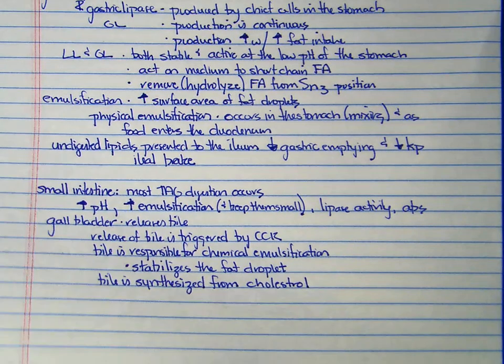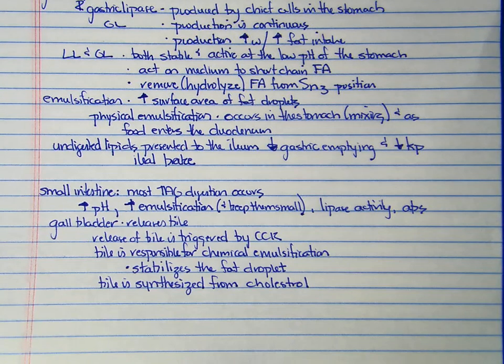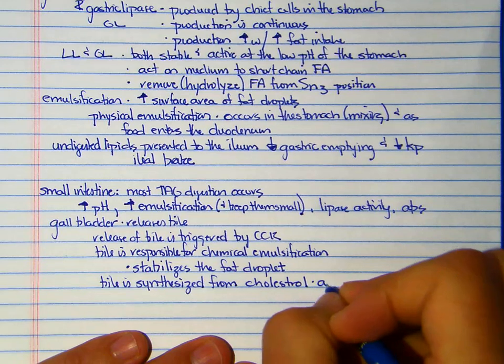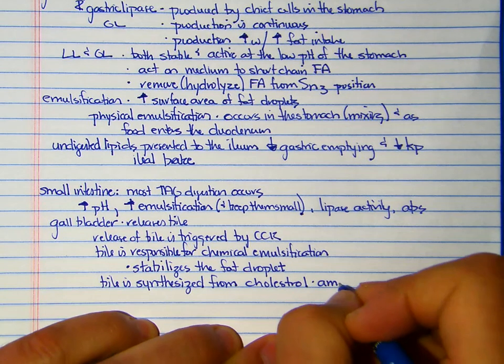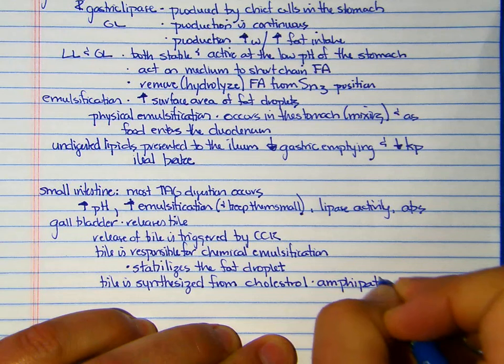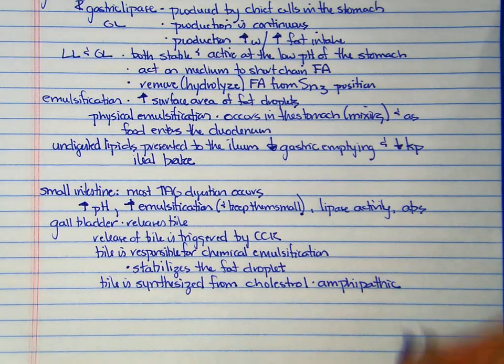Cholesterol's like aspirin, no matter how many times I spell it, I don't think it looks right. And cholesterol we remember, or maybe we don't remember, is amphipathic. But we should remember what amphipathic means. Okay, so that's the gallbladder and what it does.